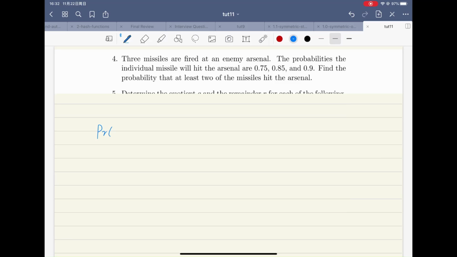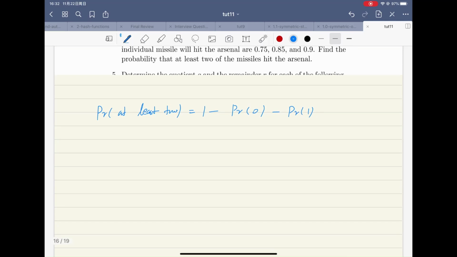So we have the probability of at least 2 equals 1 minus the probability of exactly 0 hit the target, and the probability of 1 missile hit the target. So first, none of the missiles hit the target.